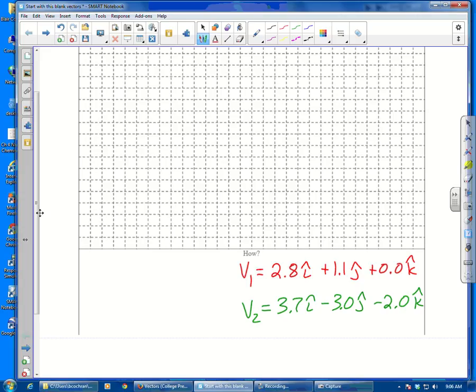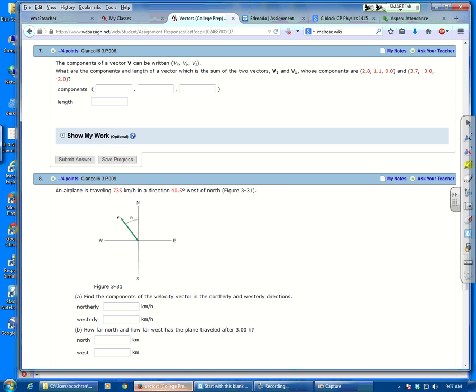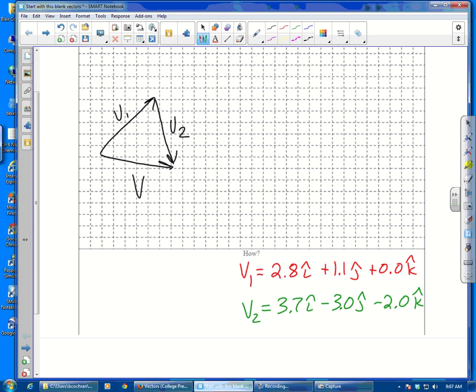And then I'll show you what it would actually look like, okay? So for grading purposes, if you had given me this, V1, V2, and then this we'll call, what do they want it to be? V. If you had drawn that, showing me V1 added to V2, and the resultant is V, full credit. All right?